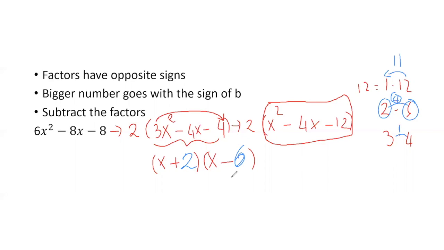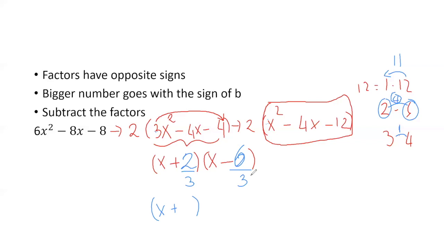Then one last step, I need to divide each number by a, because in the original problem my a is not 1, it is 3. So I divide by 3, then I try to simplify each fraction. So x plus 2 over 3, I cannot simplify this one.